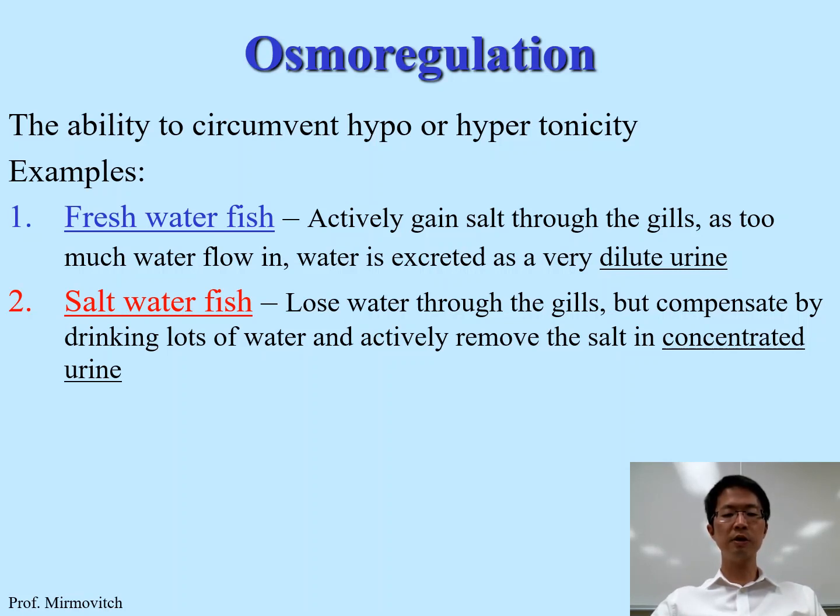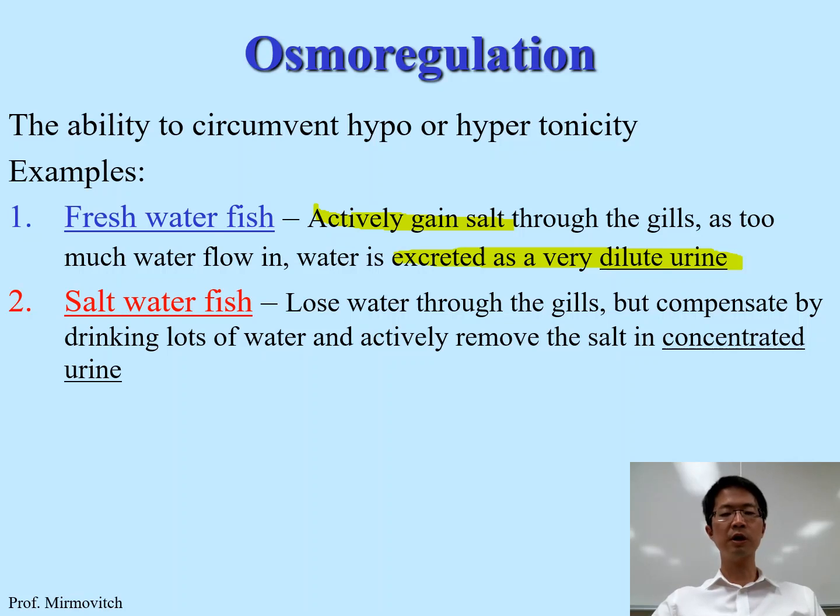The freshwater fish need to get salt all the time through the gill, and at the same time the freshwater fish have to excrete diluted urine all the time. These two mechanisms help the fish to maintain the concentration inside the cell.